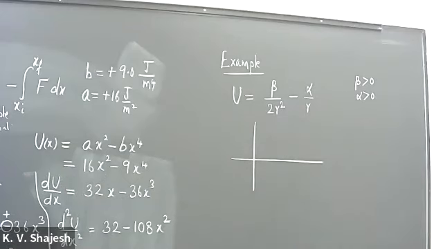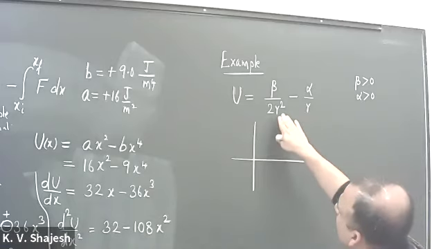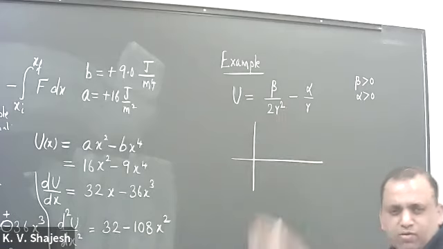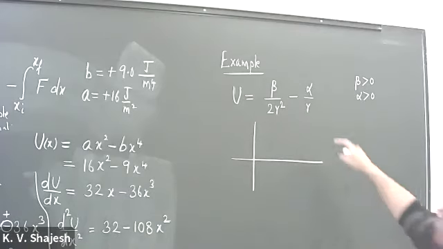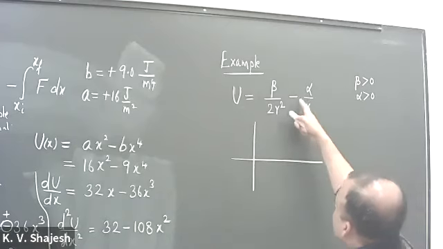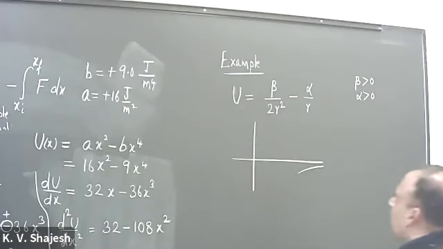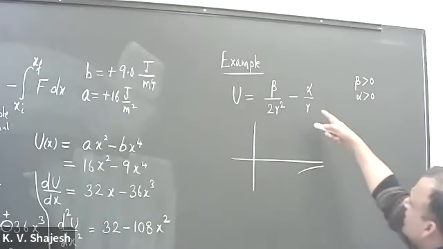Think of a micrometer, 10 raised to minus 6, over 10 raised to minus 6 squared. That will be much larger. So this is significantly dominant for small r.